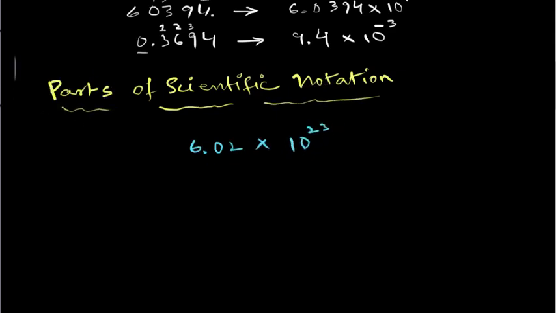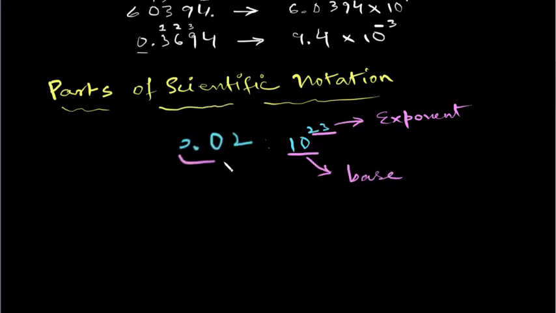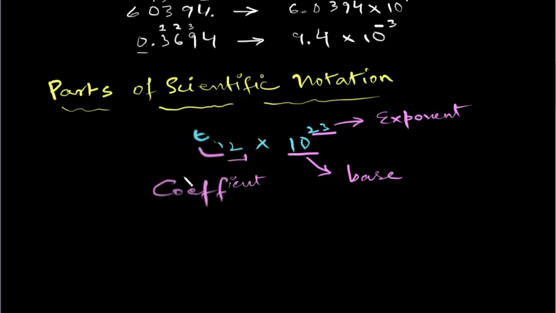Now the power is called the exponent, and this is called the base, and this number, which is comprised of 3 digits, is called the coefficient. Alright, now it is clear how to deal with scientific notation, why we need it, and what the different parts of a scientific notation are.